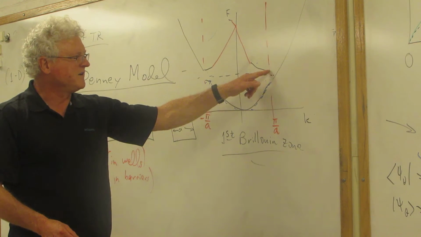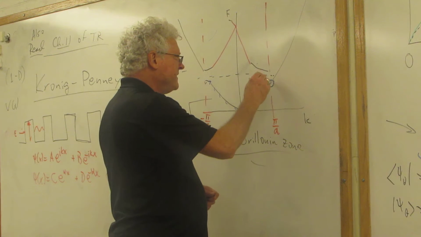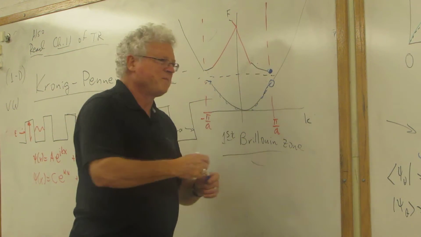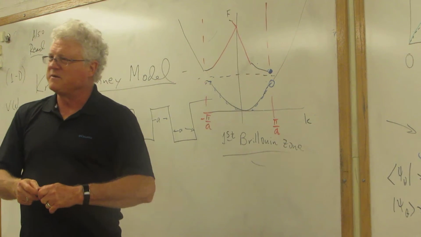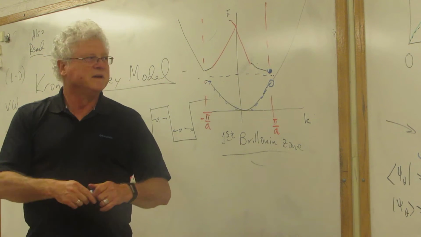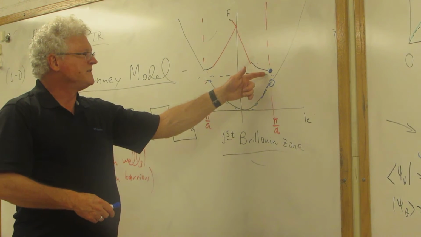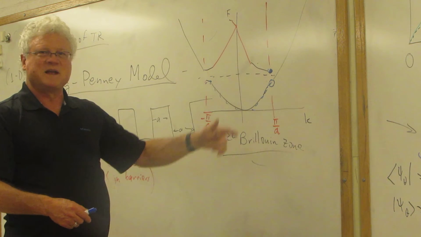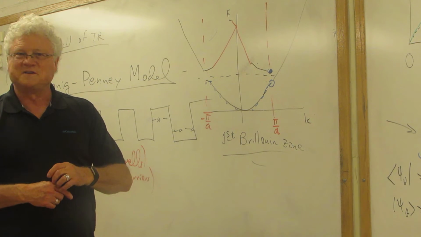So you create an electron here and a hole down here. And so by thermally or optically or whatever means, creating electron-hole pairs, then of course the semiconductor is able to carry a finite current.